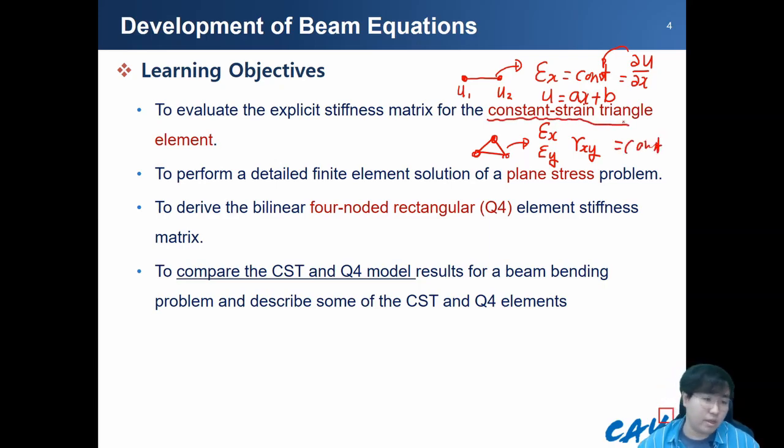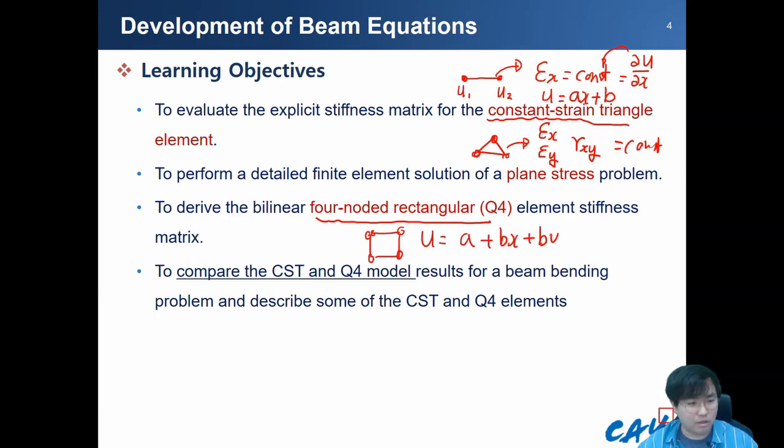so we call it the constant strain triangle element. Compared to the constant strain triangle element, in the Q4, 4-node rectangular element, we are using a more nonlinear relationship. This is a linear displacement field. We add one more nonlinear term, so the derivative of displacement with respect to x is not constant anymore.